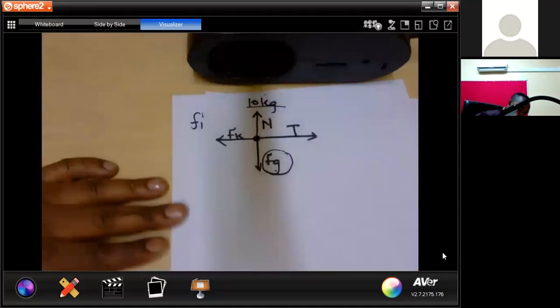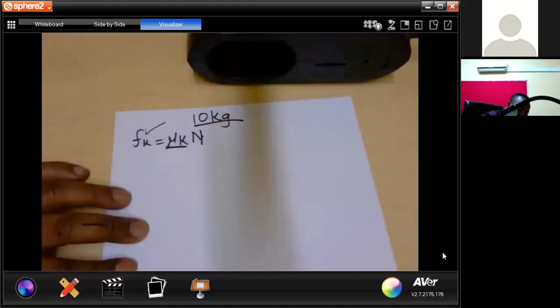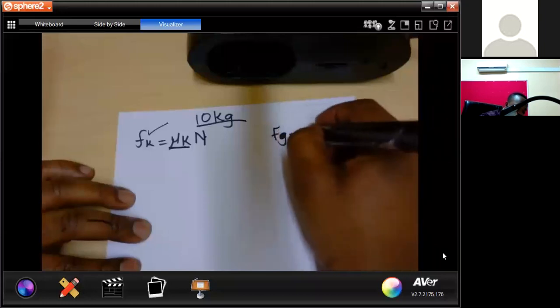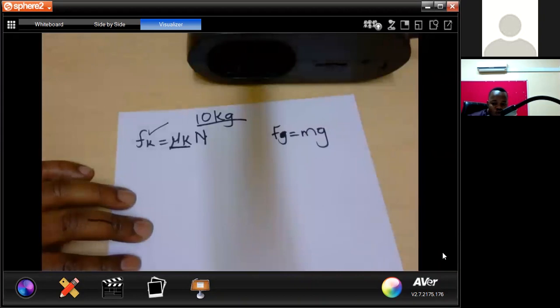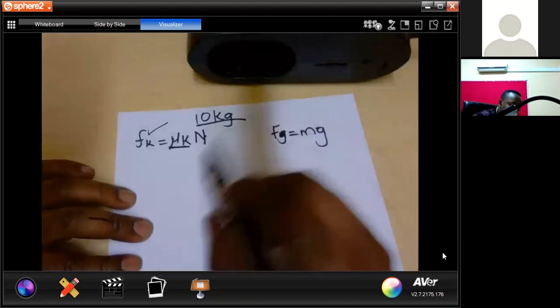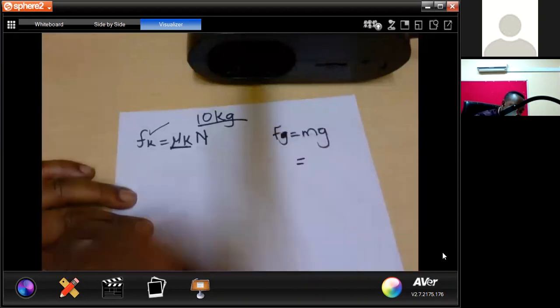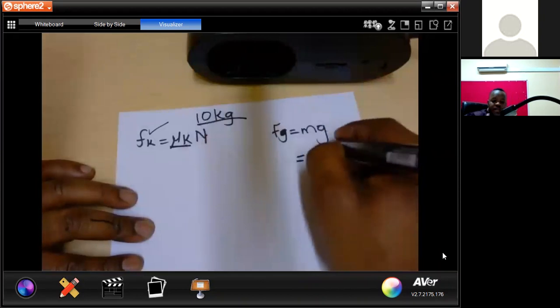So what you should normally do is to get the value of that force of gravity, and you go to your formula sheet and you will find this equation. Force of gravity is equal to mass multiplied by gravitational acceleration. The mass of the object is 10. The gravitational acceleration is 9.8.